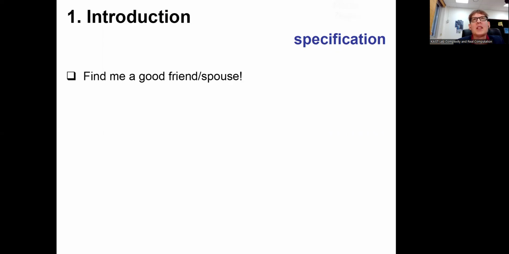This is a non-example of a specification because everybody has a different perspective of what constitutes a good friend or a good spouse. So if somebody claims to have come up with a solution to the problem of finding a good friend or spouse, then most likely somebody else will not consider that a solution at all.